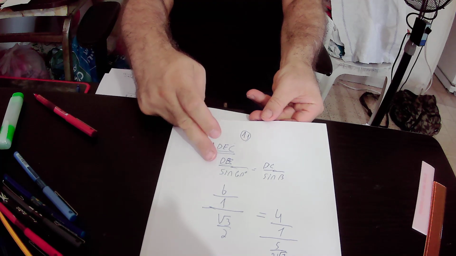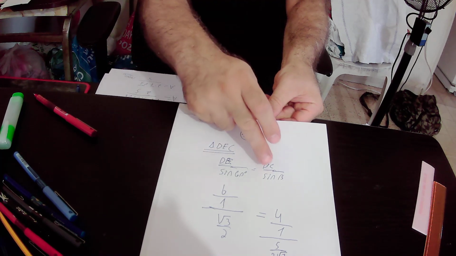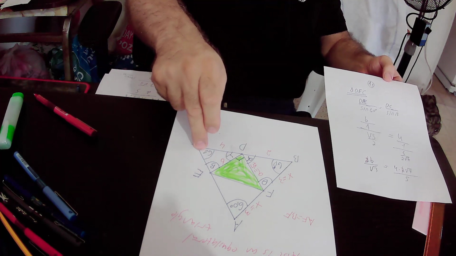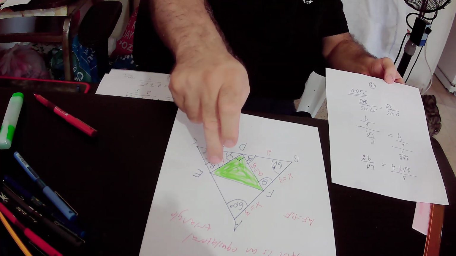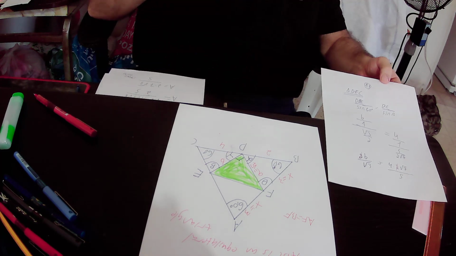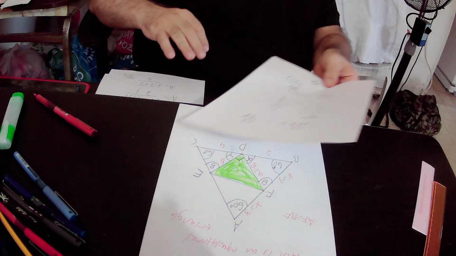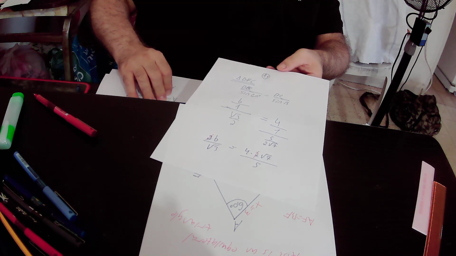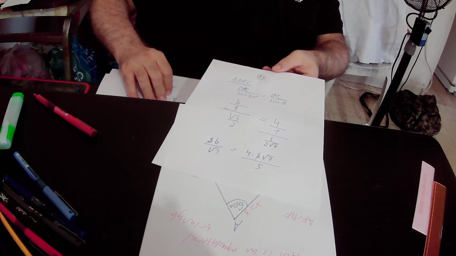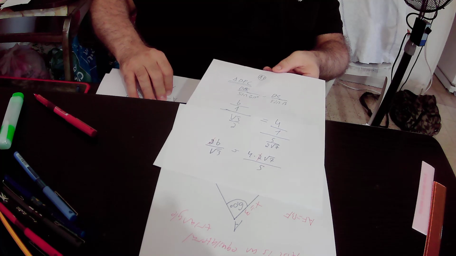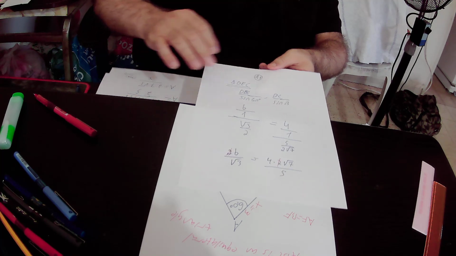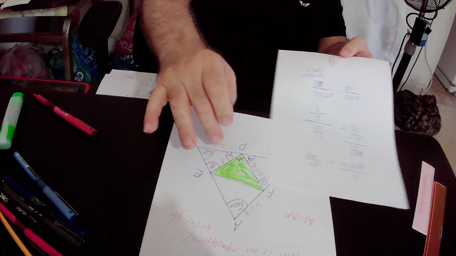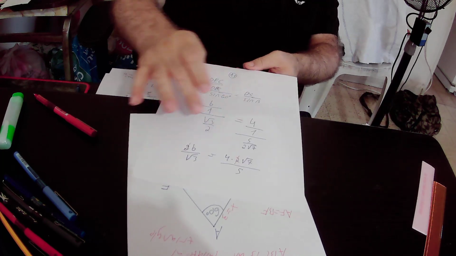Okay, and we actually have all the values of all the variables here, and the only missing variable here is B. The value of DE is B, it is the only missing variable.